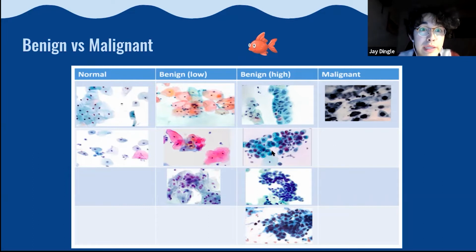We call this pleomorphism. If you see the term pleomorphism, it's just referring to the abnormal and inconsistent size and shape of the cells. We can see this huge nucleus here in the disordered fashion, particularly in the malignant one as well.